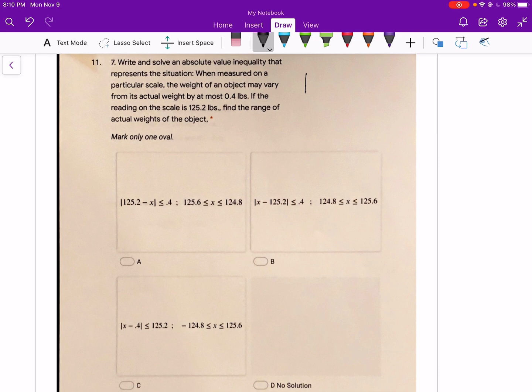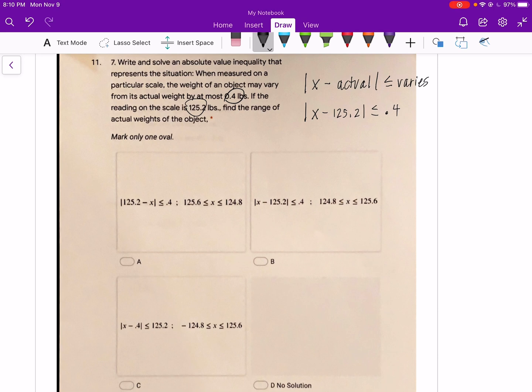So it's always the absolute value of X minus actual is less than or equal to what it varies by. So when we set this up, it'd be X minus the actual weight, which is 125.2, which is less than or equal to what it varies by, which is 0.4.